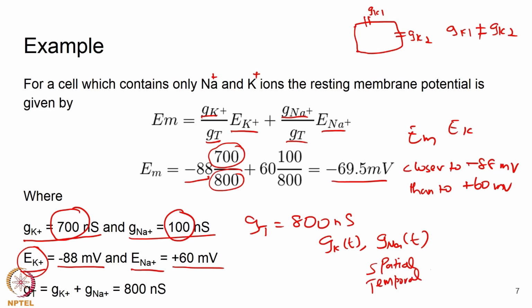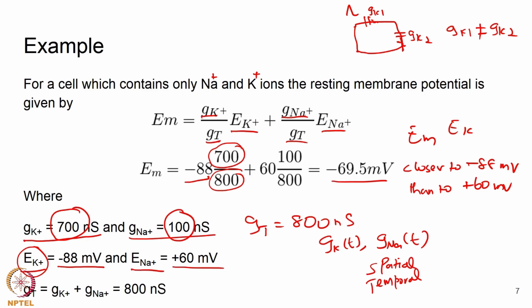So this means that there is a distribution of the membrane potential itself, both spatially and temporally. Membrane potential here is going to be slightly different from the membrane potential here. It is possible that this membrane potential is relatively high, whereas this membrane potential is at baseline.